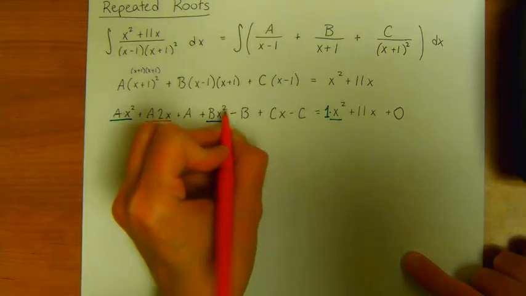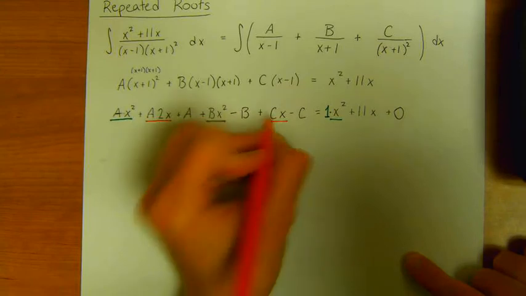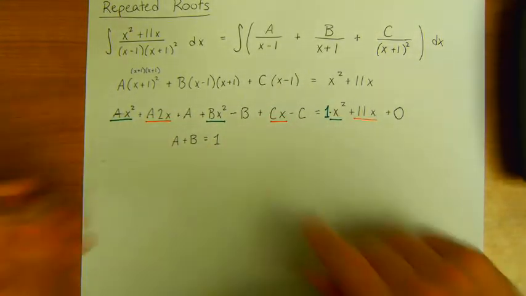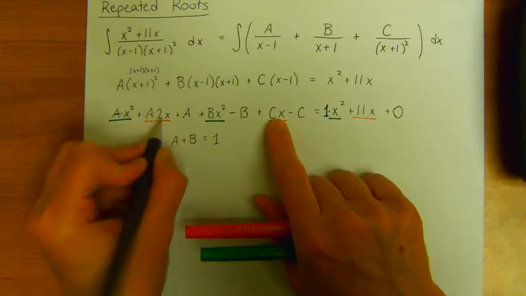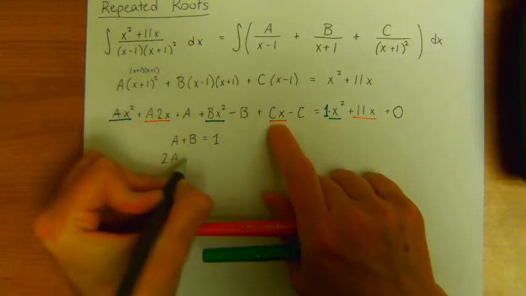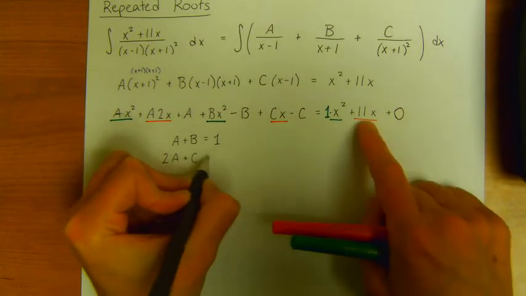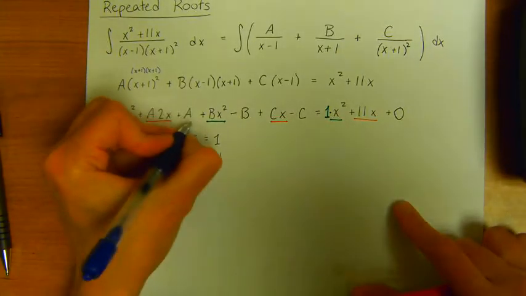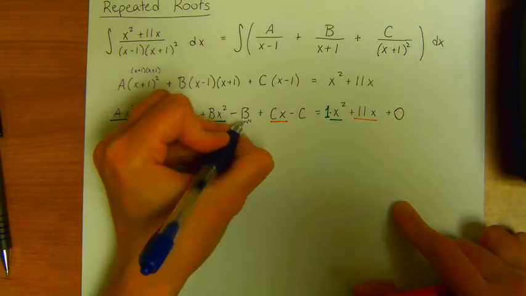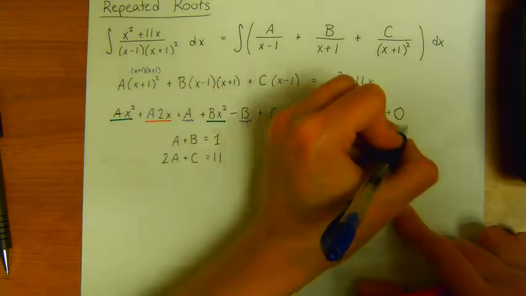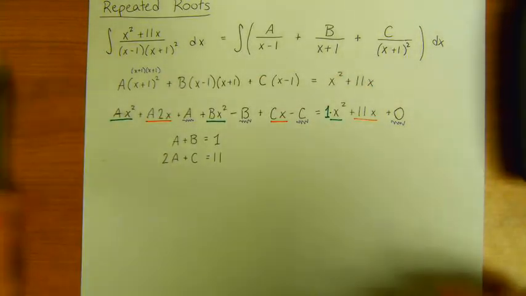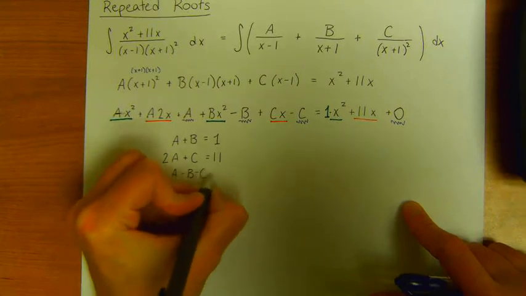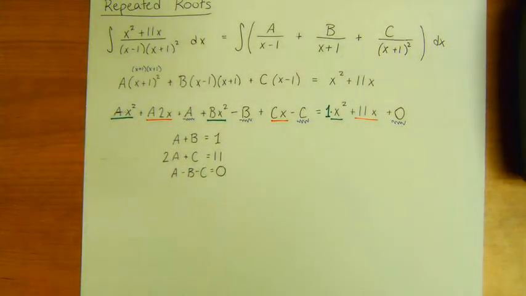Here's an x term. I didn't have any bx terms, and a cx term, and the total is 11. So combining my like terms, that tells me that 2a plus c equals 11. And then finally, looking at the constant terms, a minus b minus c has to be equal to 0.